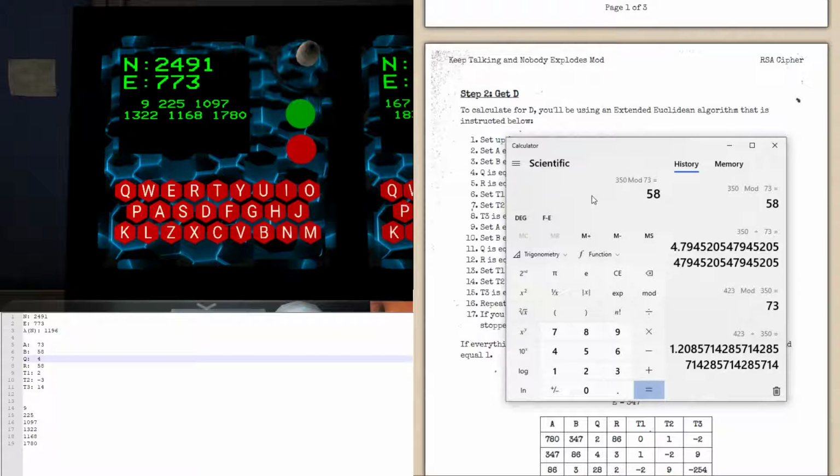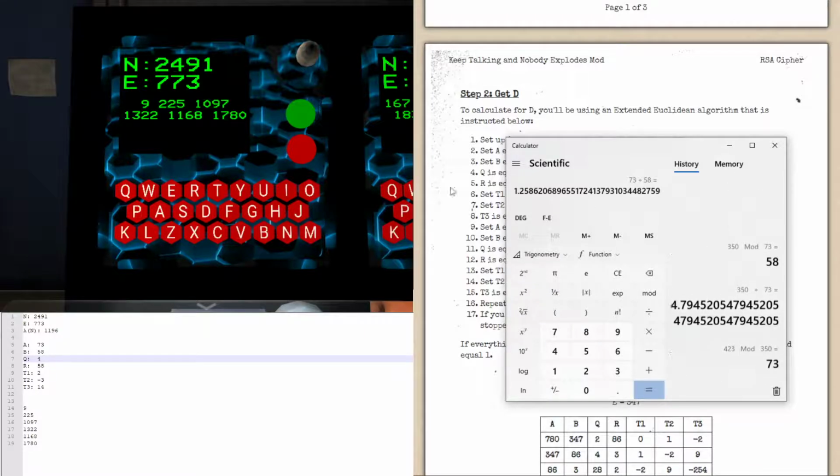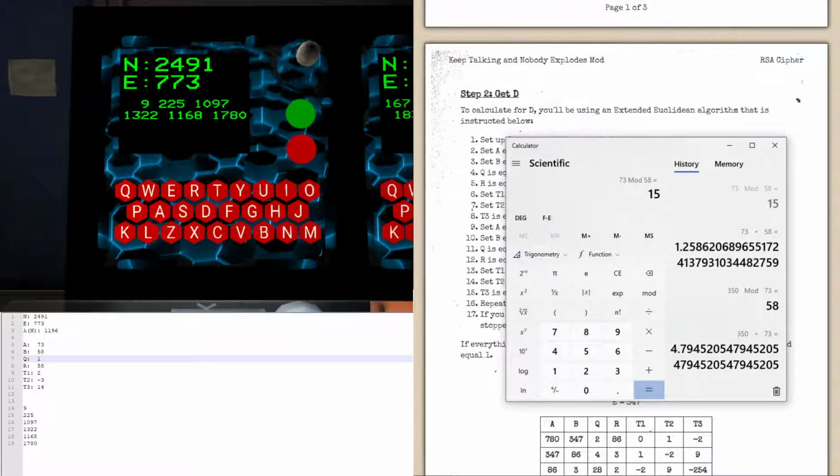So 73 divided by 58 is 1, and 73 modulo 58 is 15. This becomes T2, this becomes T3, then it's negative 3 minus 14 times the quotient, which is 1. So this becomes negative 3 minus 14, which becomes negative 17.